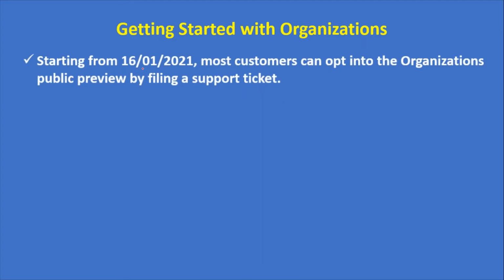Starting from 16th January 2021, most customers can opt into the organization's public preview by filling out a support ticket. To obtain this organization feature, you need to fill a support ticket so that the Snowflake team will provide the organizations to existing customers.